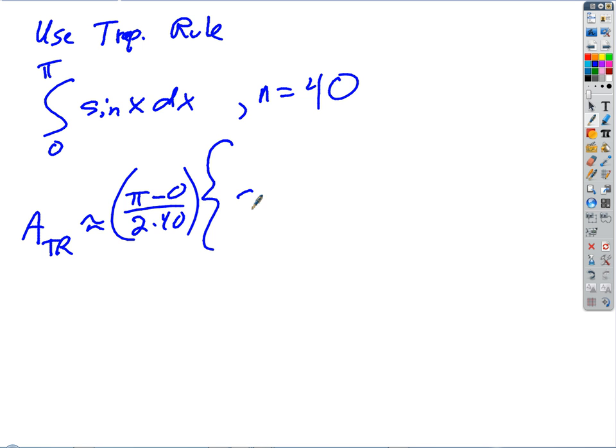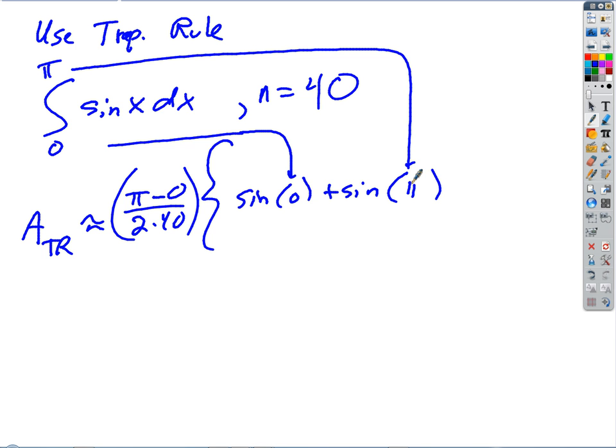So sine of 0 plus sine of pi, plus 2 times the sum of sine of a plus i delta x.